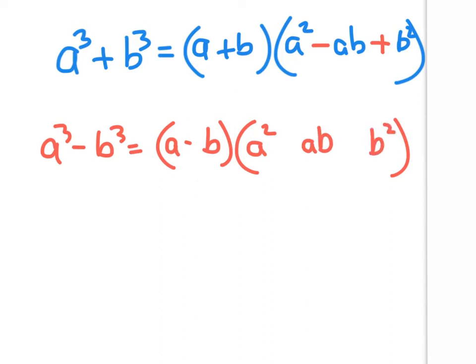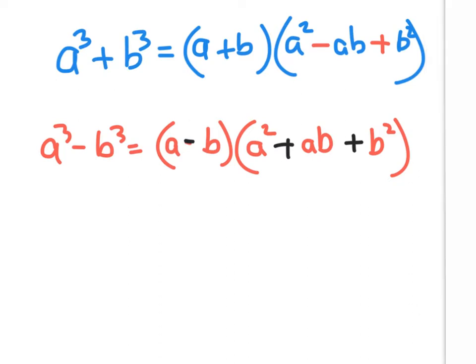And again you need signs. The first one was a minus because the original was a minus, so the middle one has to be the opposite, which is plus. And of course the b squared is always plus. That's how you memorize the formulas. I guess I shouldn't say create them, we're just memorizing them.